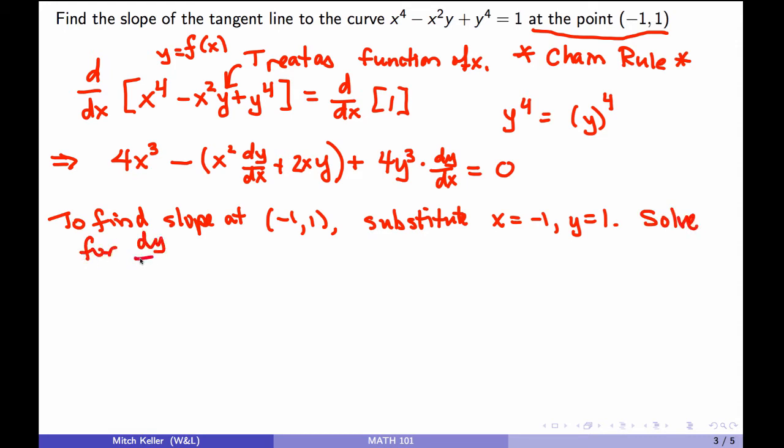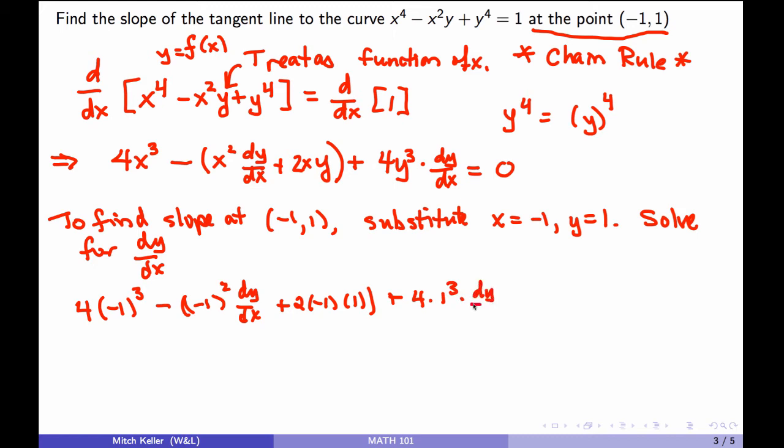Okay, so if I do that, I get 4 times -1 cubed minus -1 squared dy dx plus 2 times -1 times 1 plus 4 times 1 cubed times dy dx equals 0. So this is -4 minus dy dx, minus 2, plus 4 dy dx equals 0.